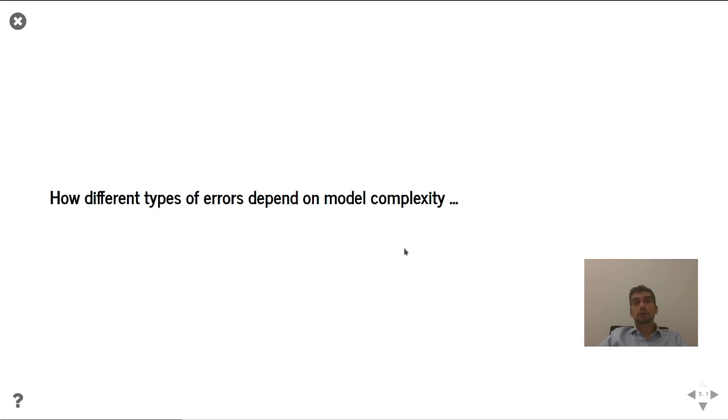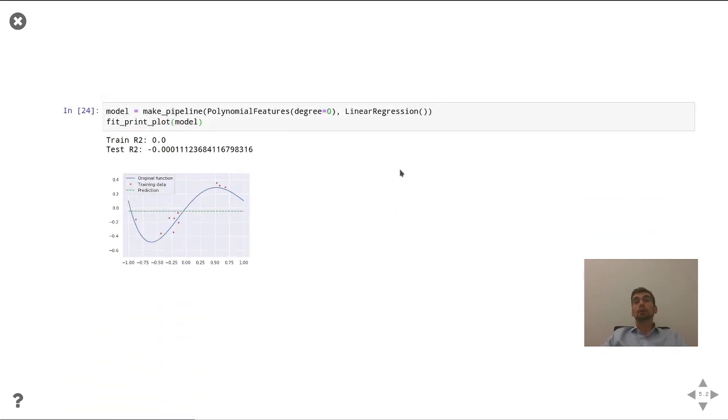Let's try to understand how these two errors, on the train set and on the test set, depend on model complexity. Here we have a very simple model and a very simple problem, so there is a very natural way to modify the complexity of our model.